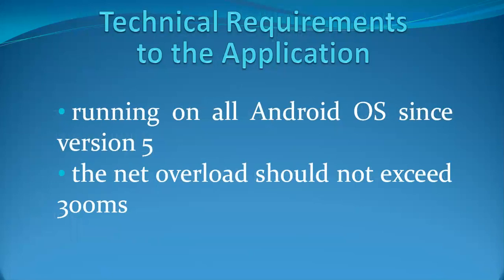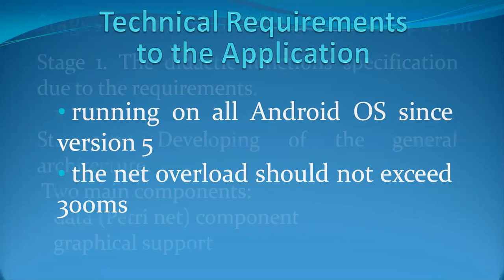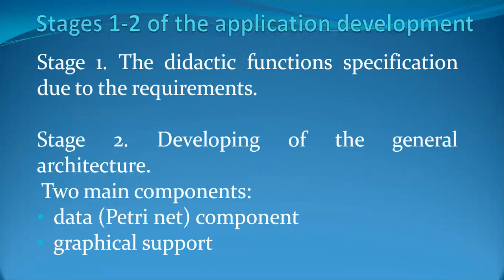Coming from the formulated requirements, the main phases of the application development were outlined. At the first stage, the didactic functions of the application were specified due to the requirements, which made the basis for interface specifications. At the next stage, the general architecture of the application was developed.